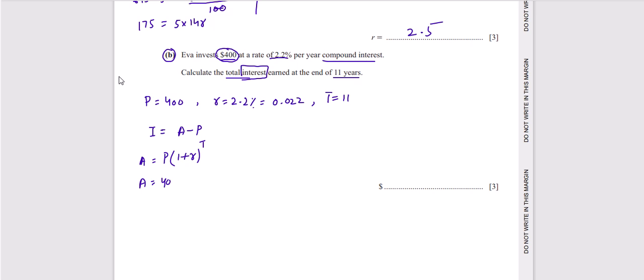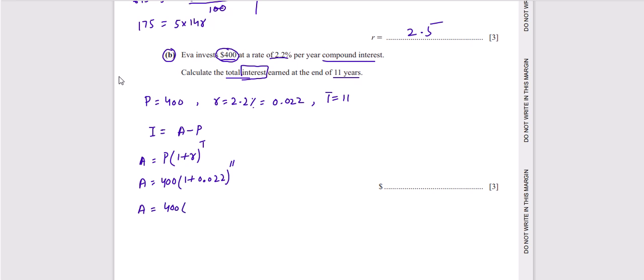P is equal to 400. 1 plus R, R is 0.022. T is 11.